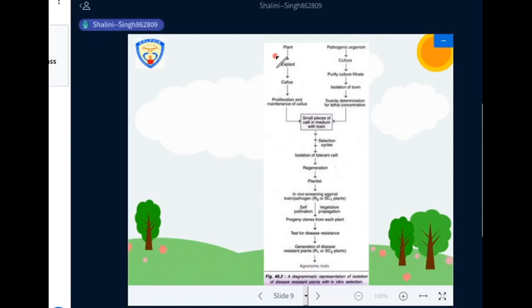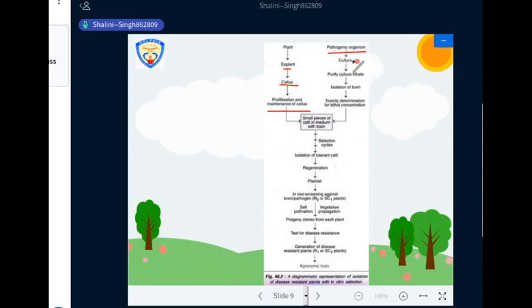So what is done here in this scheme with in vitro selection? First, an explant is taken from the mother plant and callus is regenerated from this explant. After that, we will achieve proliferation and maintenance of this callus. On the other hand, we will grow the pathogenic organism if we want to screen a disease-resistant monoclonal variant.